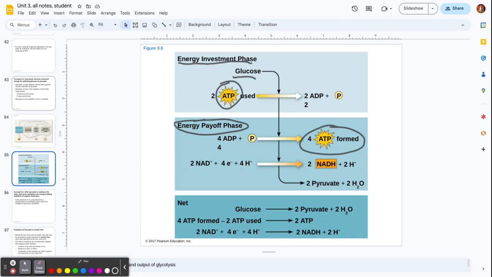But here's kind of an important bit here. We also make, what were those NADHs that we talked about? Remember those? What were they carrying? Yeah, I heard it. Electrons. They were carrying electrons.